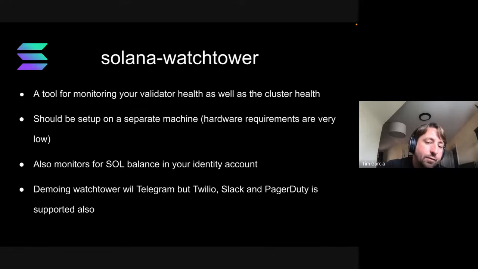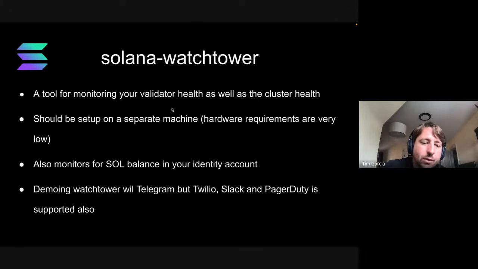Basically, it's just pinging to see the state of your validator against an RPC. It can also monitor for the balance of SOL in your identity account. So if you aren't careful and your validator uses more SOL in vote fees than it earns in transaction fees, then your SOL balance could go down to 0 over time, and your validator will stop voting without you knowing.